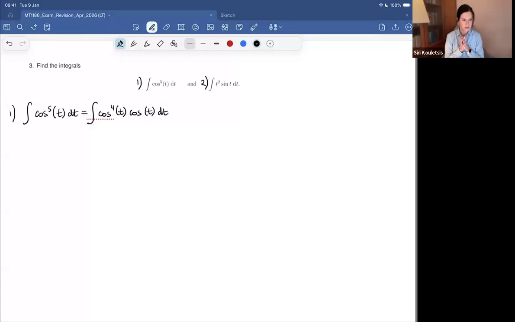And then we need to use an identity involving sine t. You know that cosine t is the derivative of sine t. So now we're heading for a substitution here.